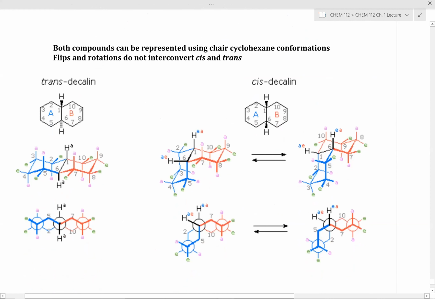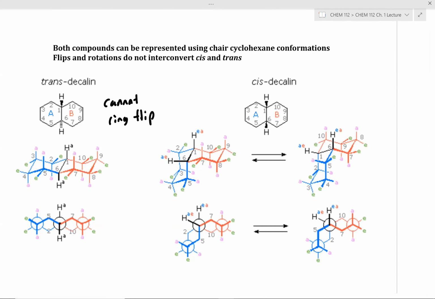Now, these ring flips are not converting between cis and trans. And one interesting feature, if we compare cis-decalin and trans-decalin, is that trans-decalin cannot ring flip. Now, you can try this with a model kit, but suppose that you did want to ring flip decalin.